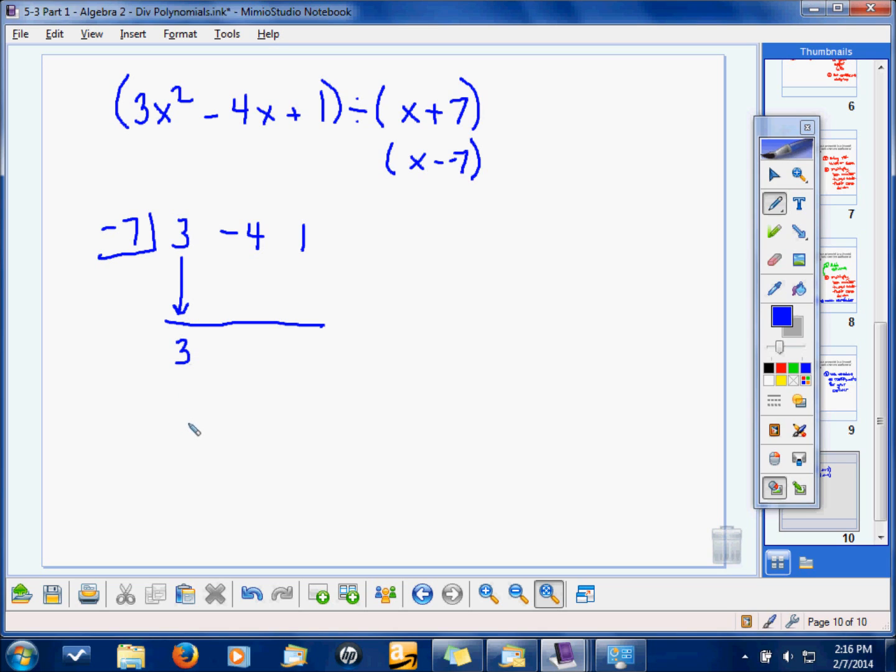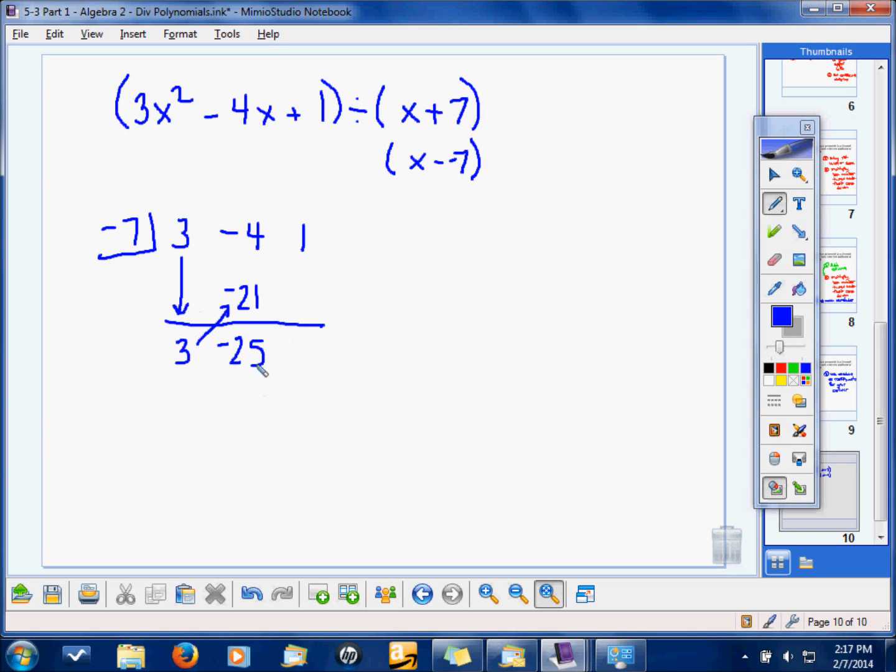Then -21, because you did what, Preston? I multiplied the box number by the... Good. Multiply the box number times that number. Really impressive. So we get -21. Then you bring down the 4, add, and that gives us -25.